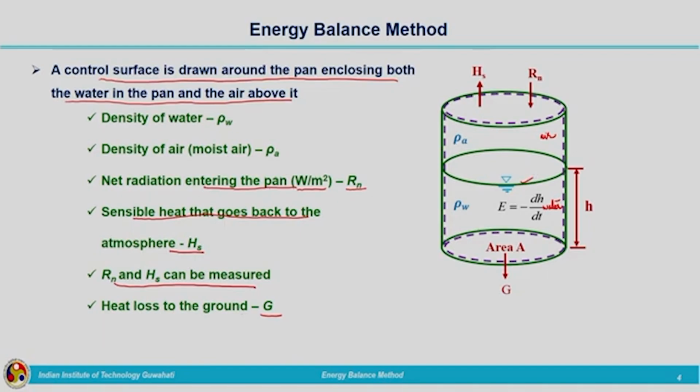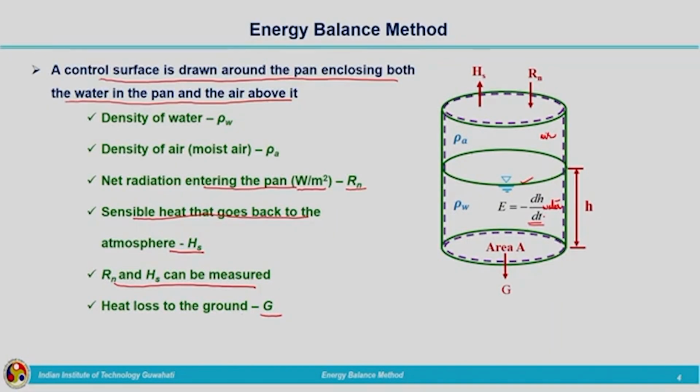While the process of evaporation is taking place, the water level in the pan will be reduced. That rate can be written by dH by dt, and we are putting a negative sign as time is increasing, water level is reducing. That is why we are putting E is equal to minus dH by dt.